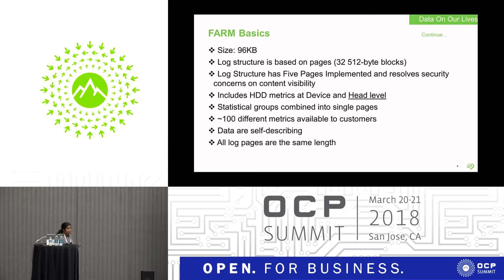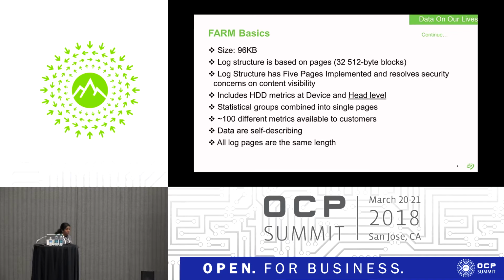The logs are ASCII readable, so folks can look at the contents of the logs, and Seagate can provide a specification. The nice thing about the log is it enhances over the standard SMART attributes, and it has hard drive metrics at a device level as well as at head level. And it's statistical data that can be collected over time, like Jun said.